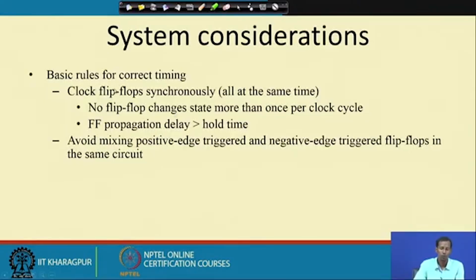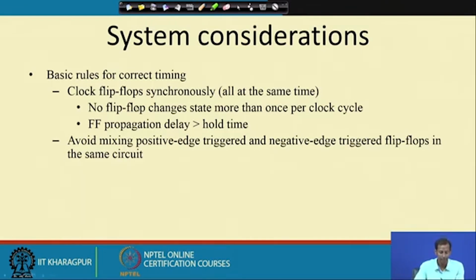The basic rule for correcting the timing is that the flip flops should be clocked synchronously. All the sequential elements, as I said in the beginning, synchronous circuits have more advantages.